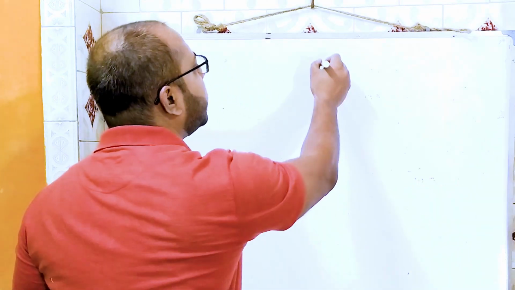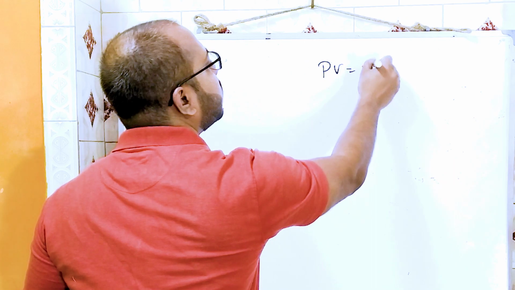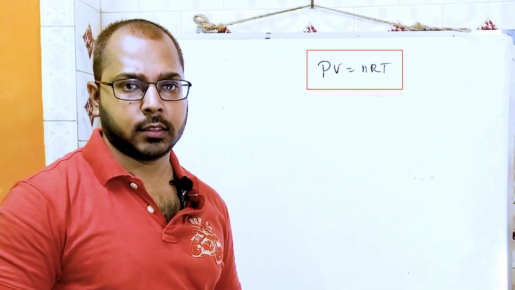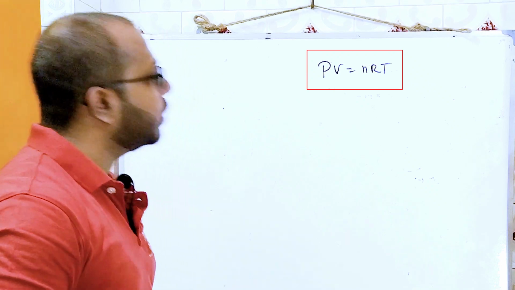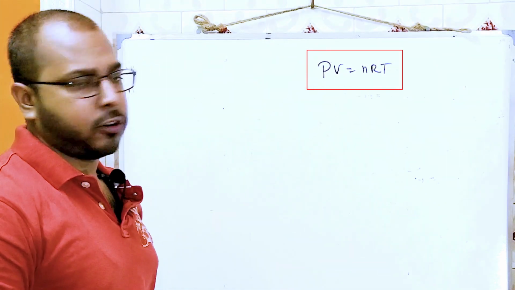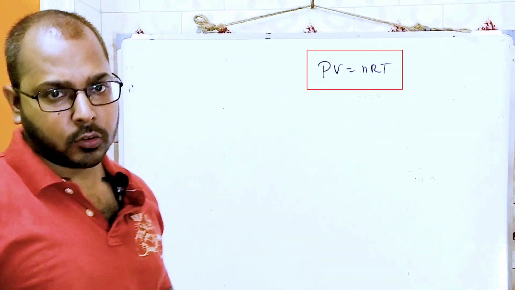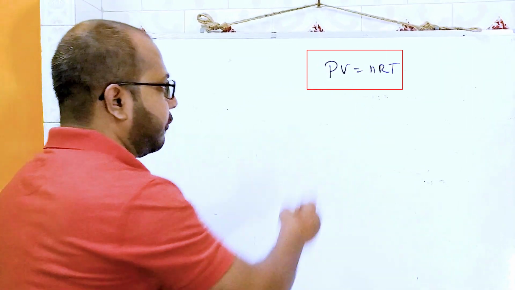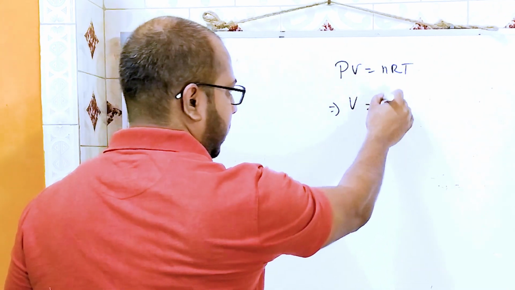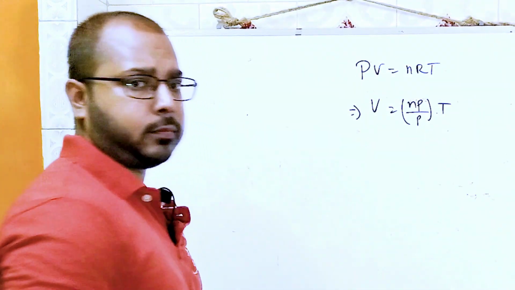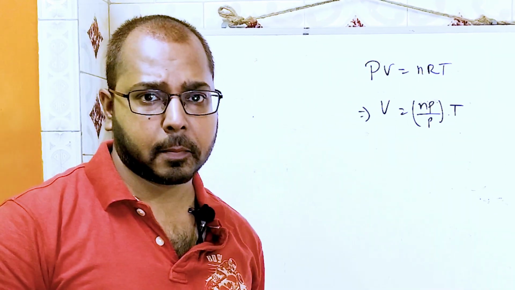No graph. Say for example, we just need to remember PV equals to nRT, nothing else. This is the ideal gas equation. So if V is separated, then I can write this.